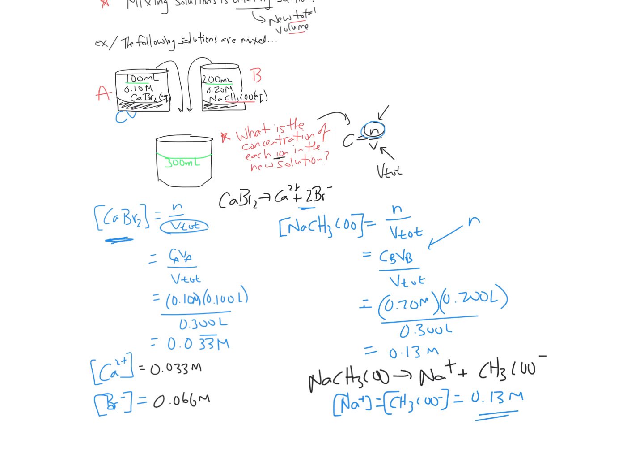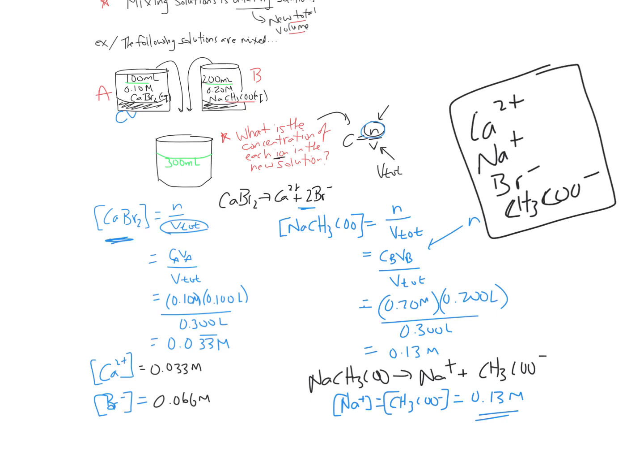By the way, we also had to respect the fact in this question that if we examined all the ions that were there, Ca2+, sodium ion, bromide ion, and ethanoate ion, no combination of these ions is going to form an insoluble salt. So we didn't have to worry about there being any solid precipitate.